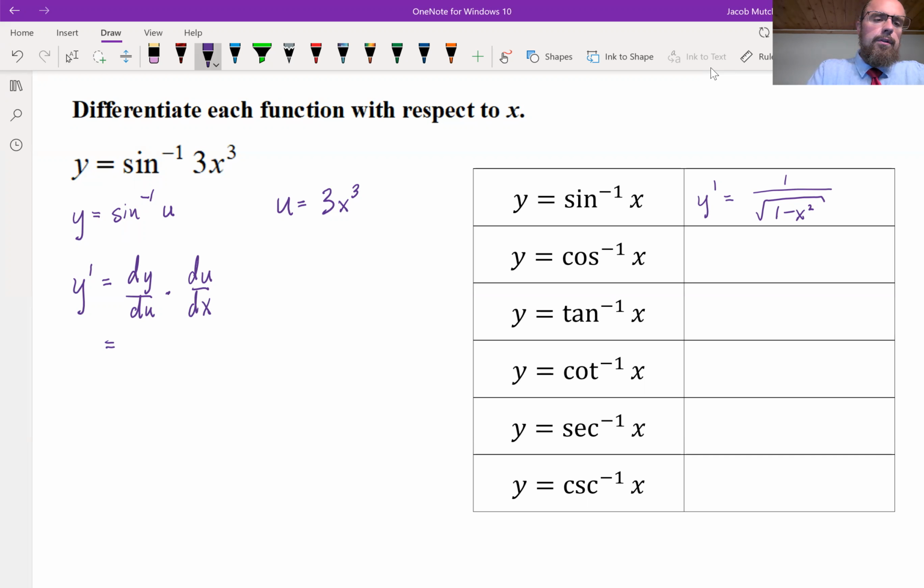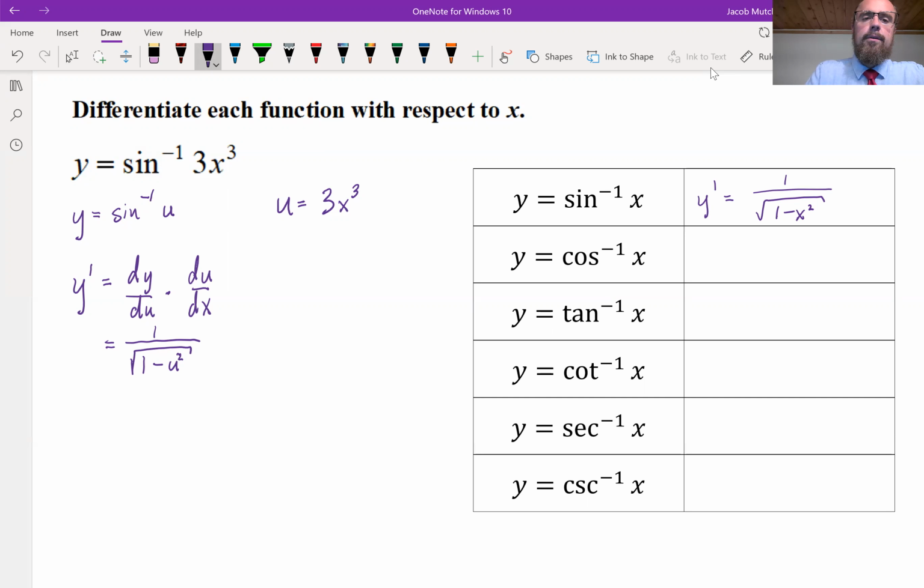So just based on the rule that I just wrote, the derivative of y with respect to u, so y again is the inverse sine of u, that's going to be 1 over the square root of 1 minus u squared, since I've replaced my domain value with u there. And then that's multiplied times the derivative of u with respect to x.